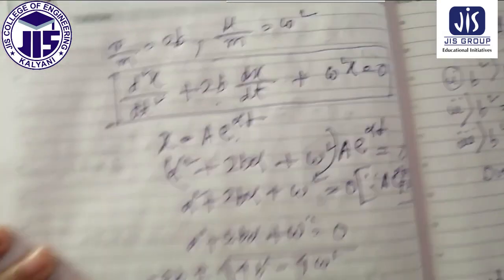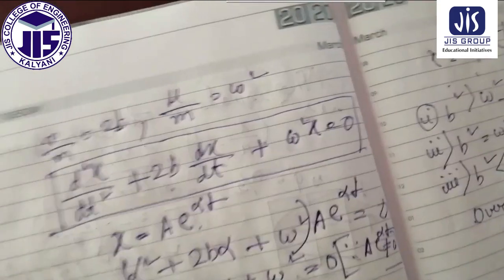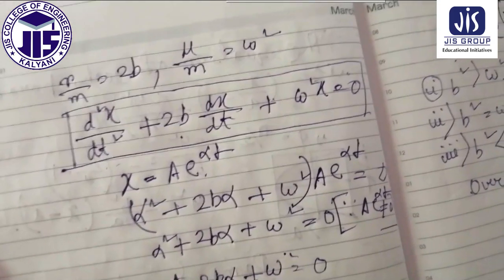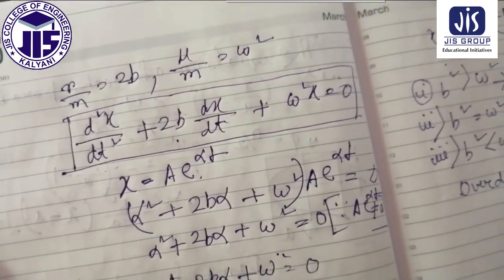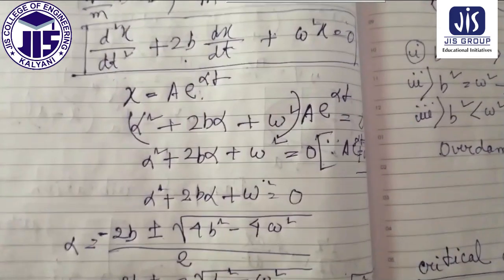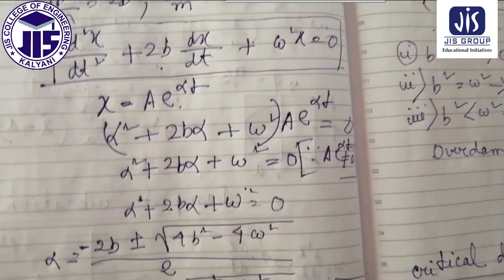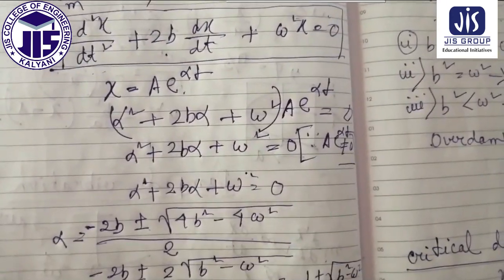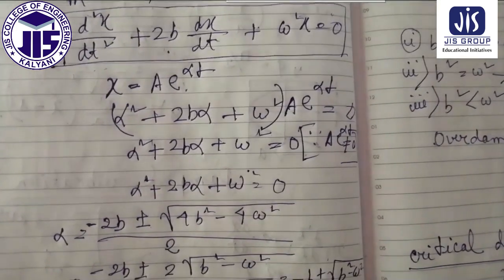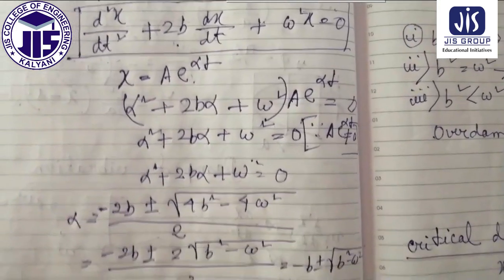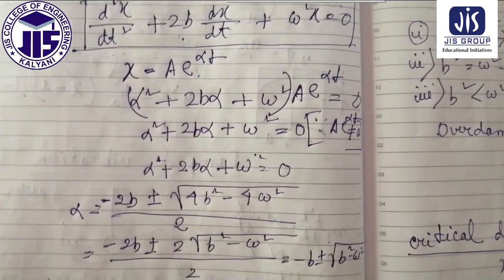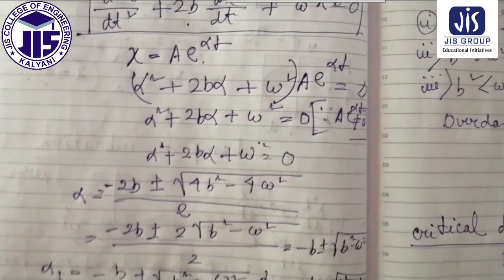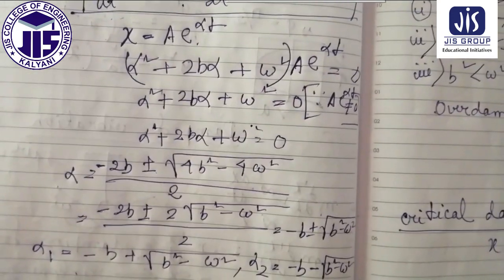Next we considered r by m equal to 2b and s by m equal to omega square. So the final differential equation looks like d2x dt square plus 2b into dx by dt plus omega square x equal to 0. Therefore x equal to a e to the power alpha t.